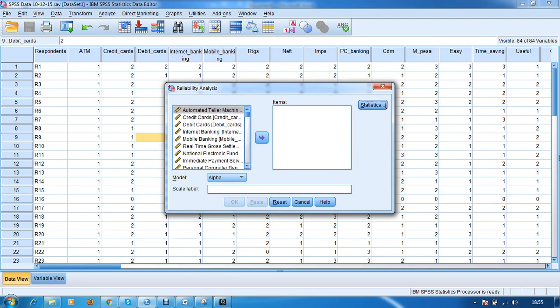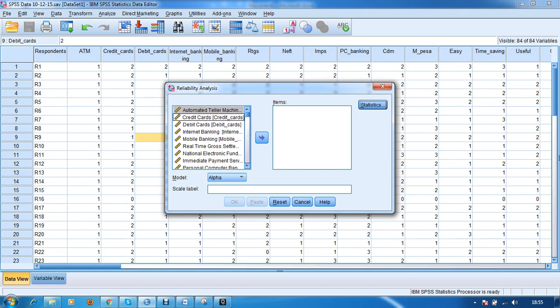So the term that we will get in the output is known as Cronbach's Alpha. Before it was also known as KMO test, something like that. First of all, I have a set of data that intends to measure the technology based services which consumers are using. So I have incorporated these variables in a single set of questions.